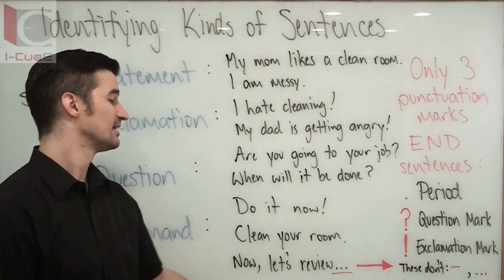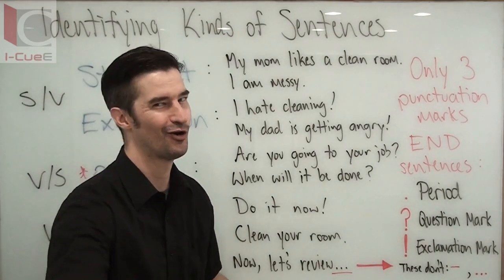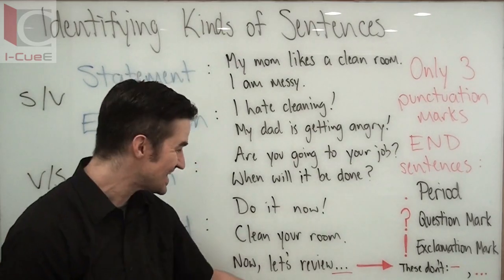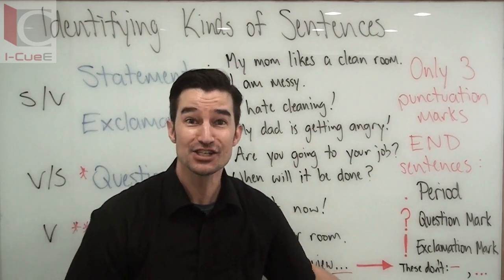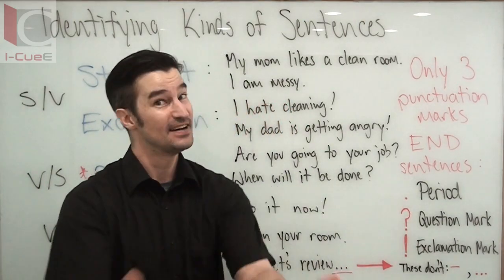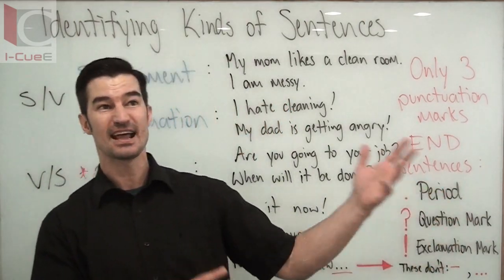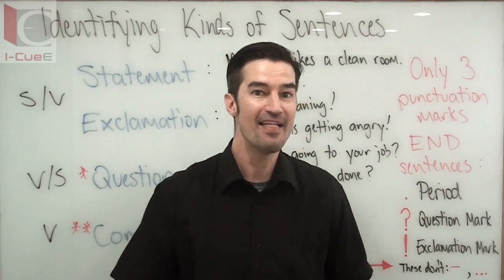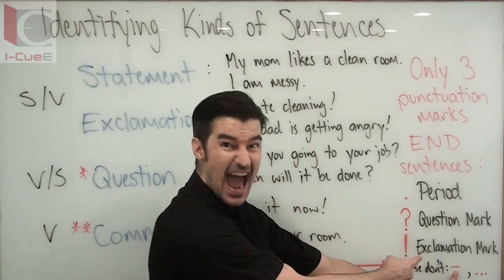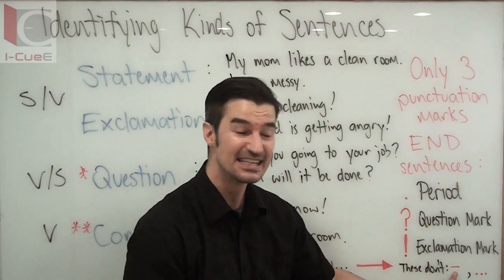Now, let's review. Oh, did you see? Did you see the... These don't end sentences. Sometimes in writing or even in speaking, people will say something and then... and that's not a complete thought, and if I were writing that down, it would look like a dash at the end of the sentence.